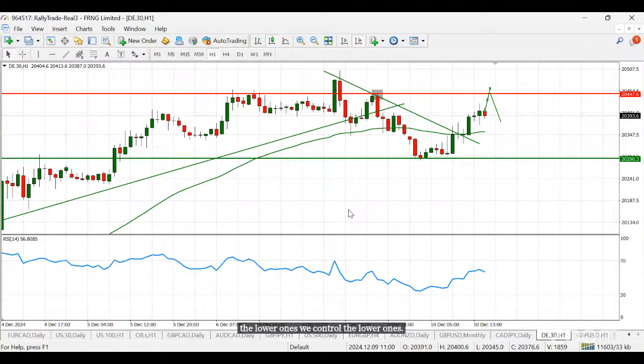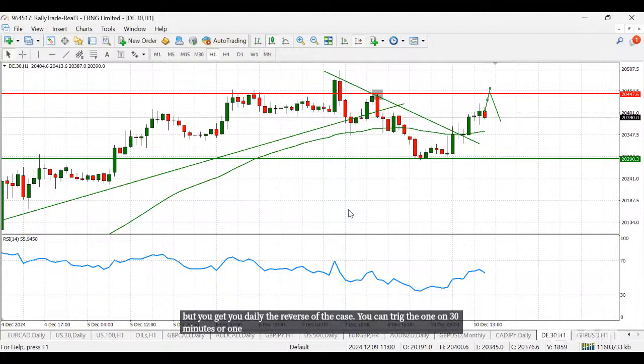So if it's above 70 on 30 minutes or 1 hour, you can trade that in the short term, but eventually the daily time frame bias will take precedence.